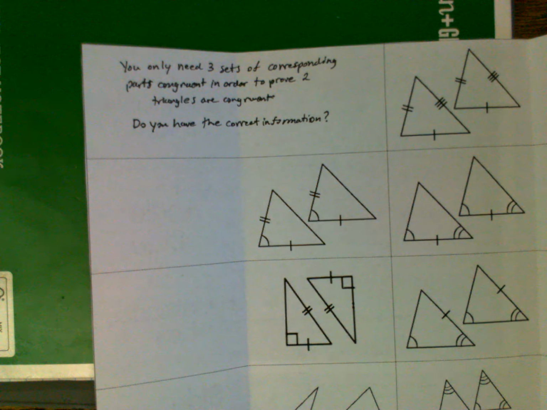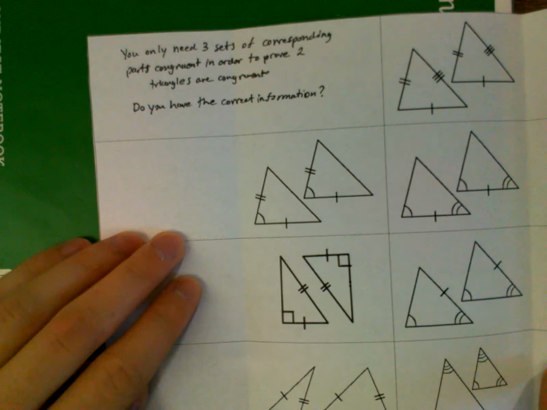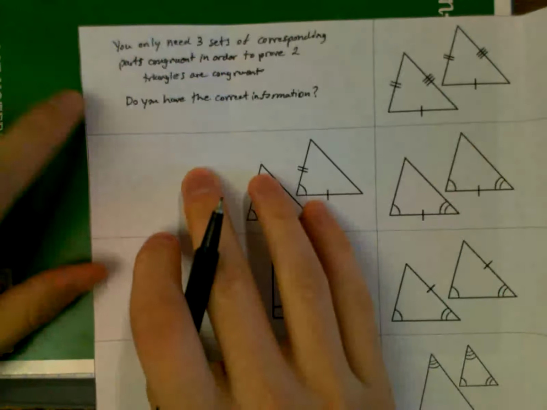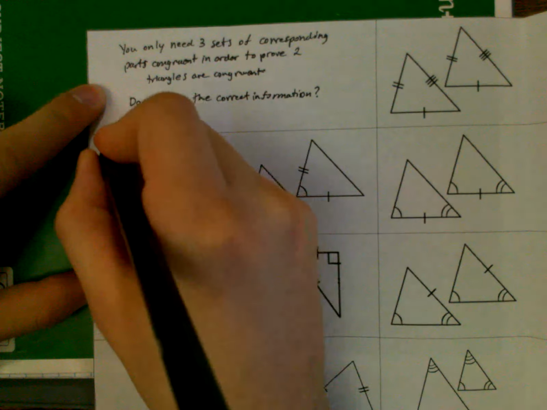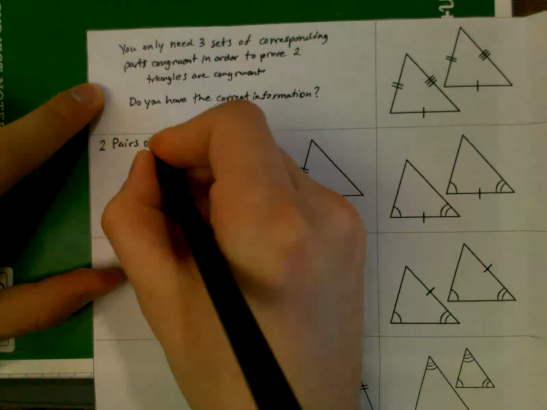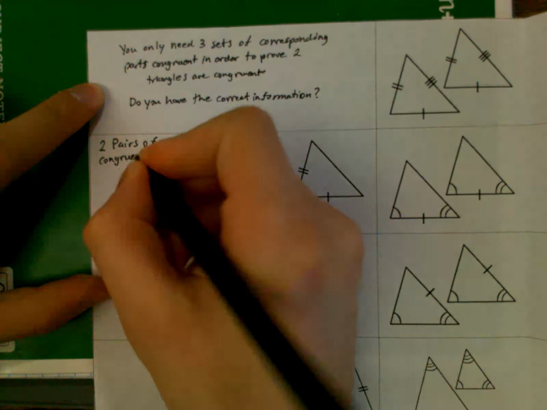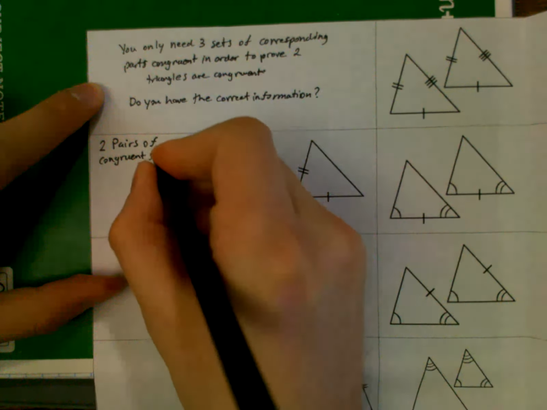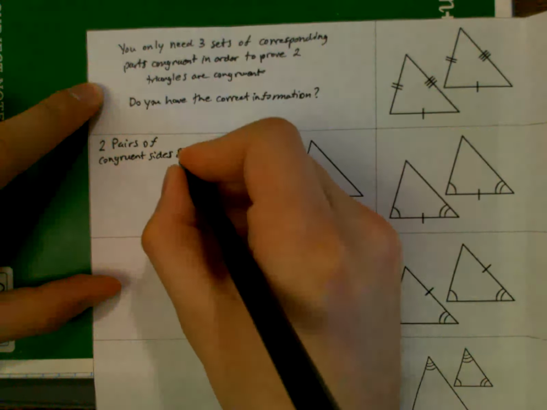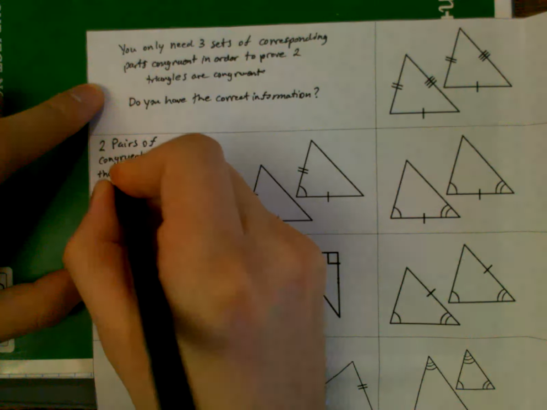So, the first one we're going to look at, and I will go down this way and then the other column, primarily so I can keep this up here for people who do writing, is two pairs of congruent sides and the included angle.